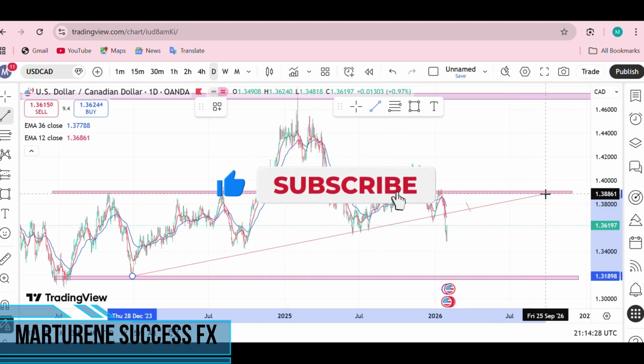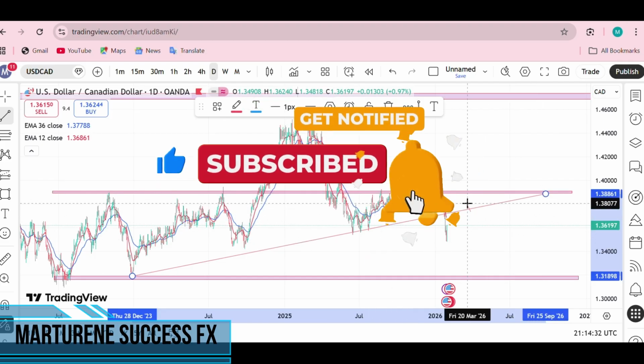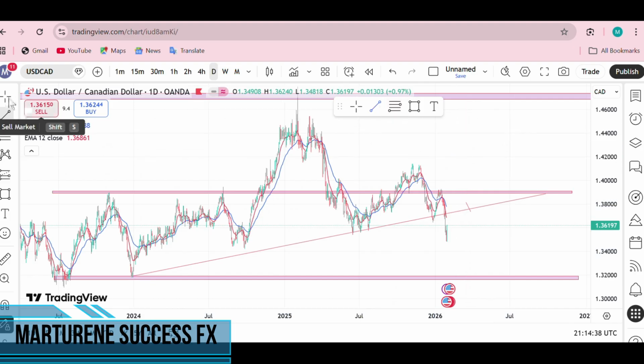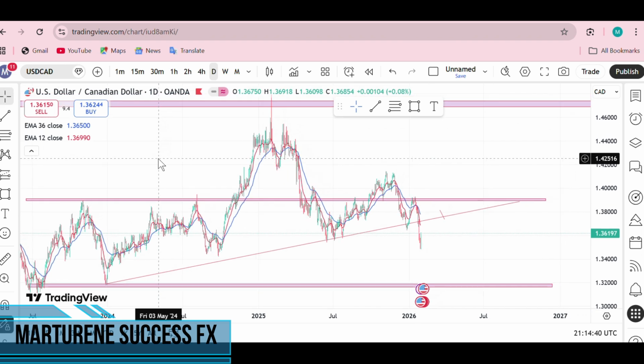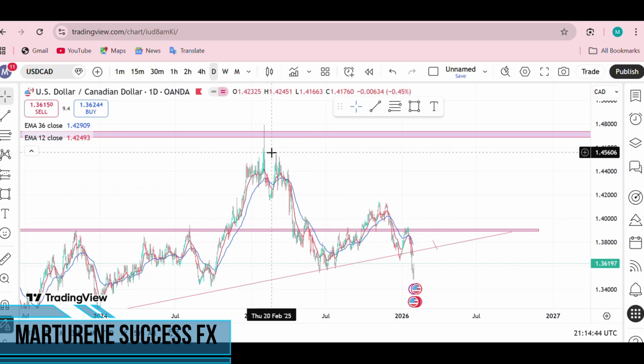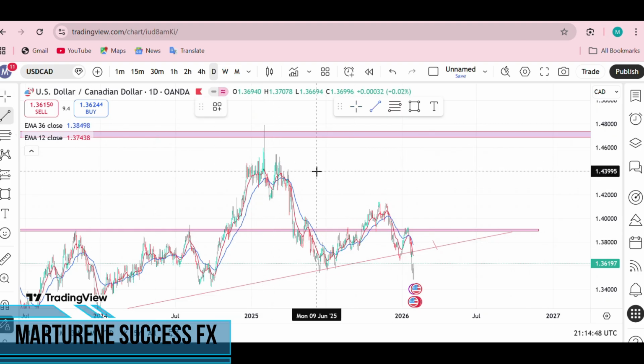Okay, this is a good trend line. Let me see if I can get another trend line from up. Let me look for another trend line from up.